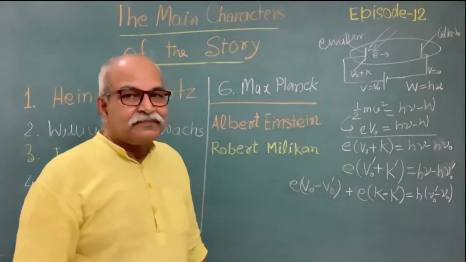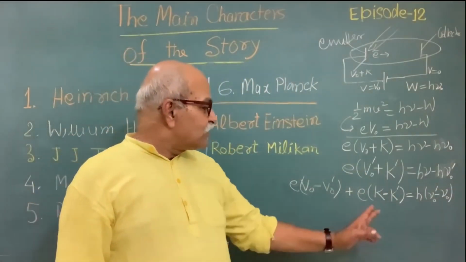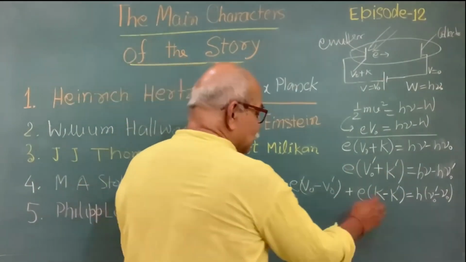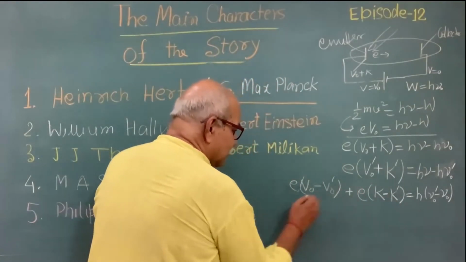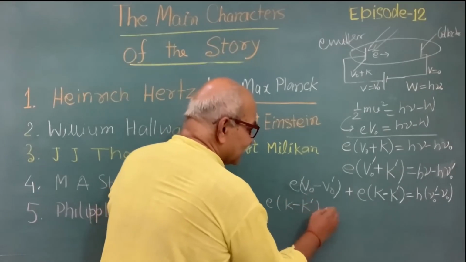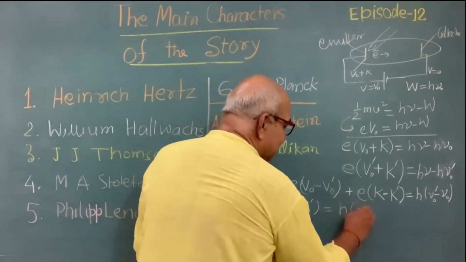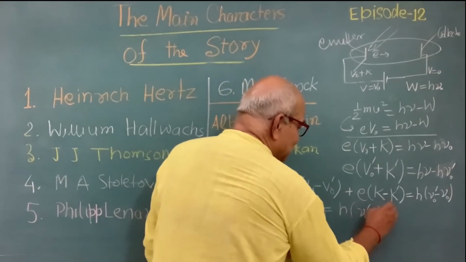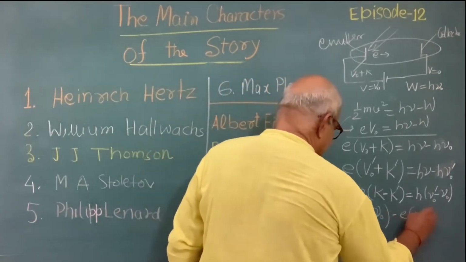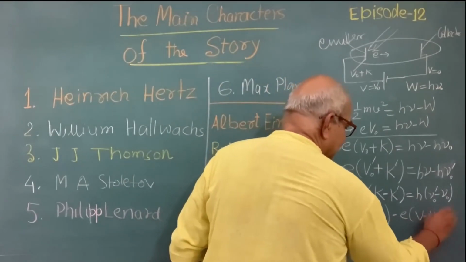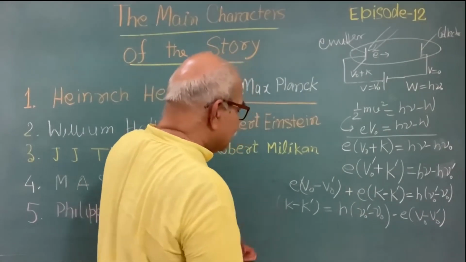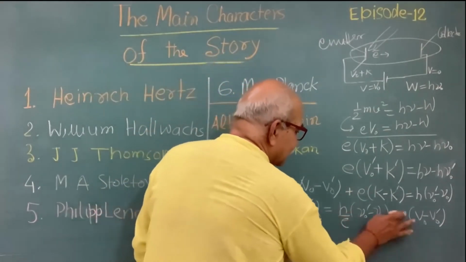And from here you can write what K minus K prime is. So E times K minus K prime is equal to H times nu naught prime minus nu naught, and then minus E times V naught minus V naught prime, and divide by this E, so you get H by E here, and this E goes away.